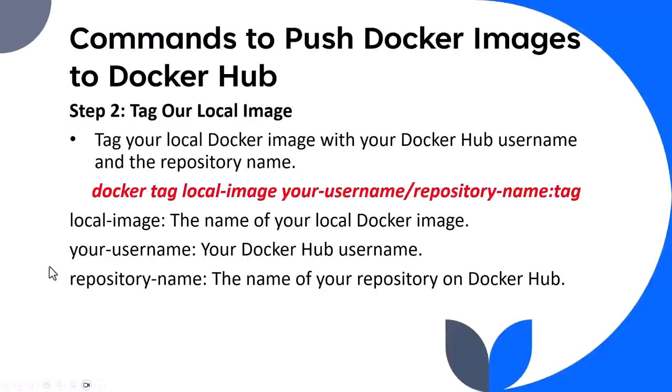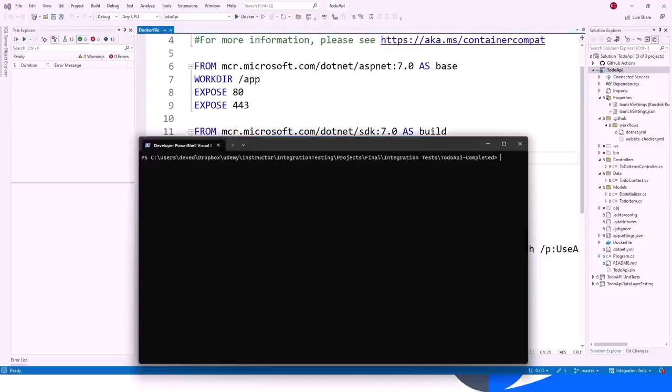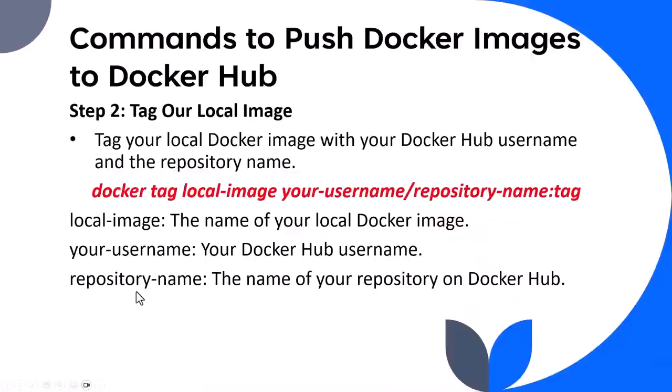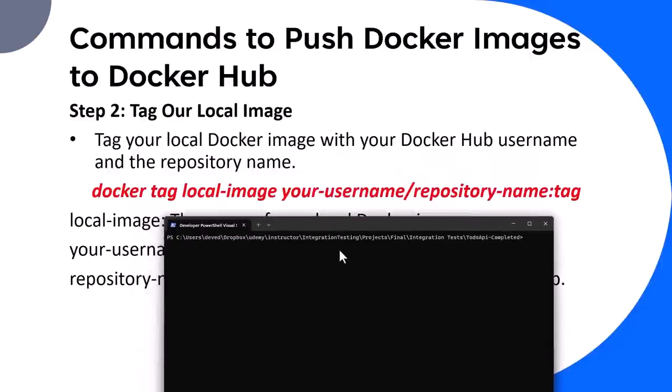So let's run this Docker tag. So let me switch over to Visual Studio and to the command prompt, and it's better that I put it side by side, and bring the command prompt over here so that we can see what we are doing. Docker tag, local image.